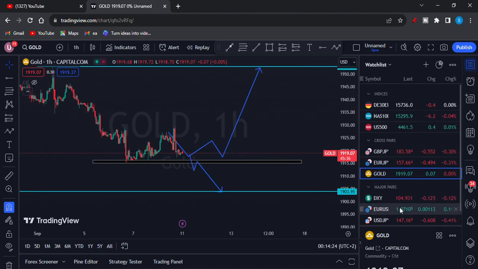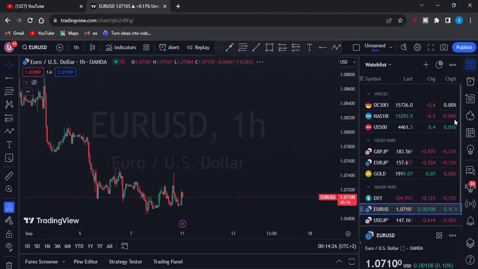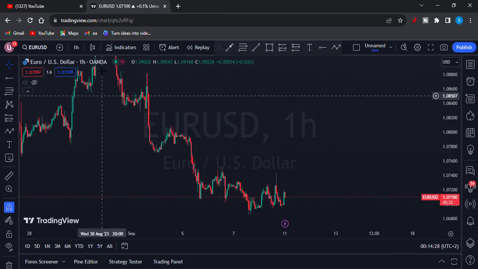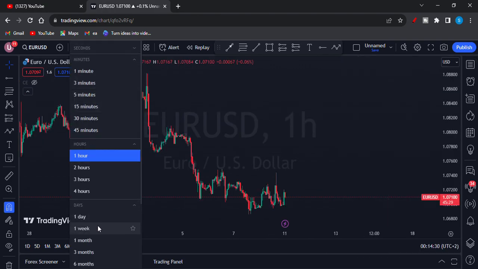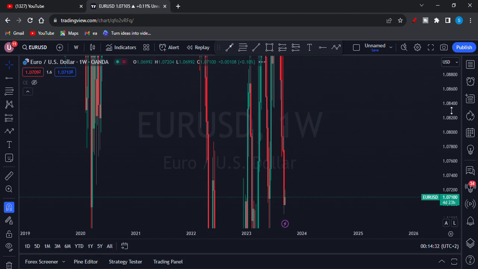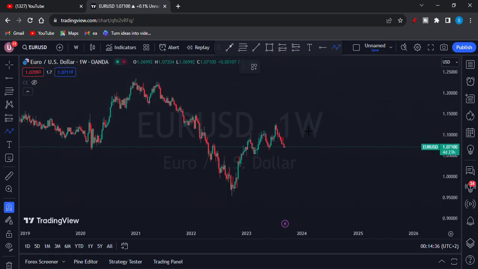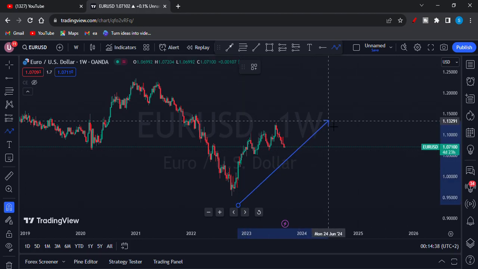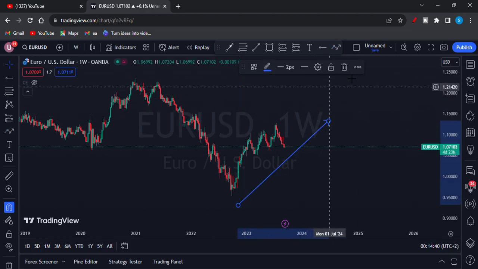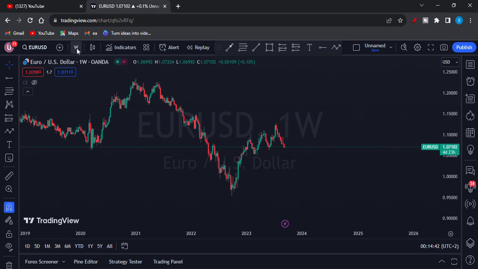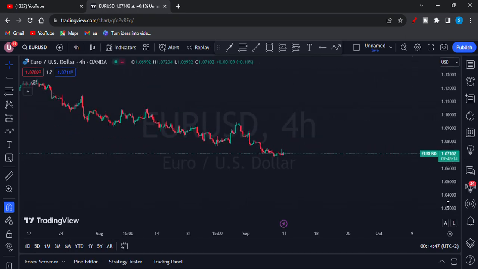And then let's go to EURUSD. And then on a weekly, we are on an uptrend. Then let's go to our 4-hour.